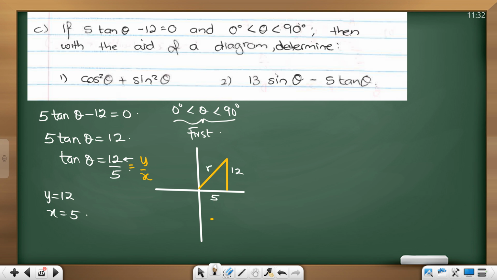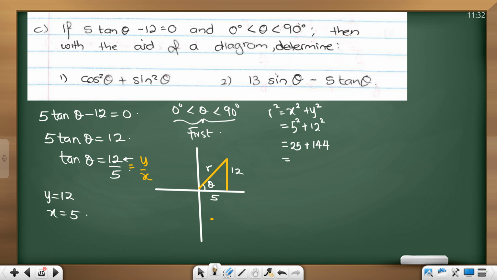But I do not know what? R. How do I get R? Theorem of Pythagoras. R squared equals what? X squared plus Y squared. What is our X squared? 5 squared. What's our Y squared? 12 squared. What is 5 squared? What is 12 squared? 144.